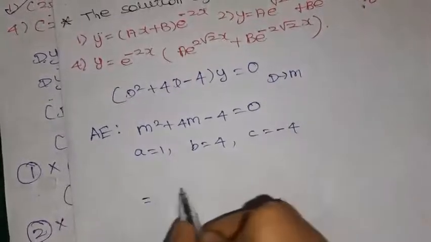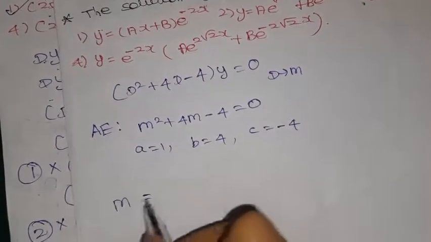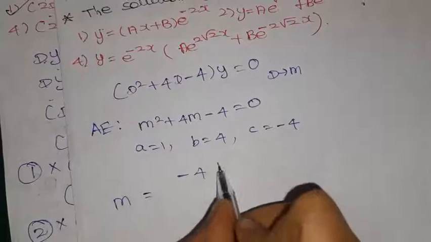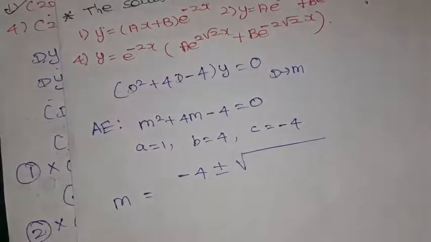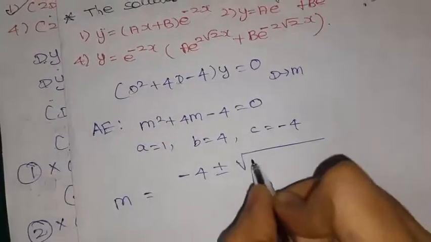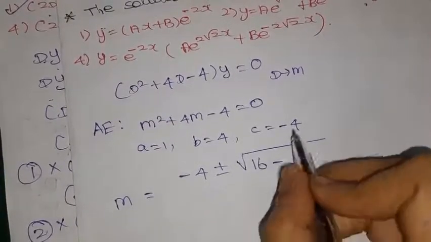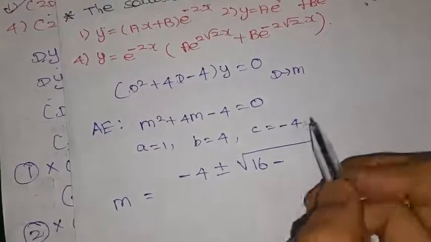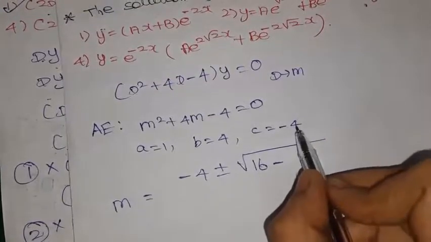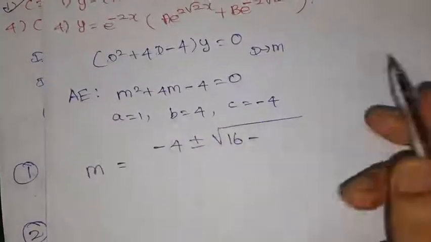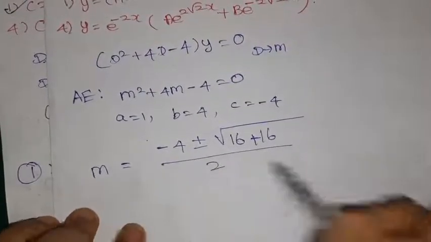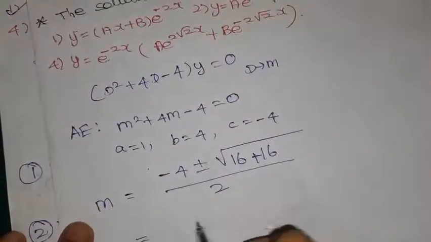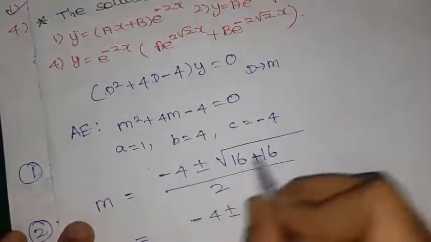So m equals minus 4 plus or minus root of 16 minus 4 into 1 into minus 4, which is 16 plus 16, divided by 2. So minus 4 plus or minus root 32.